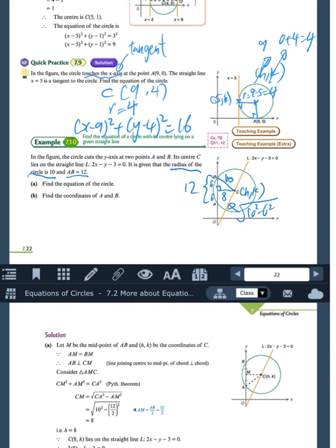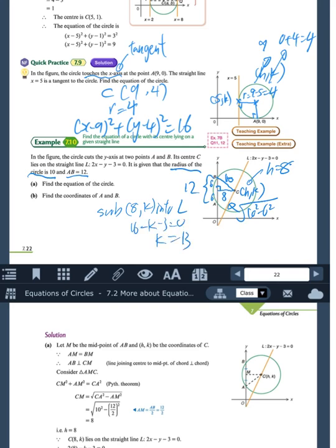Therefore, we have h will be 8. Since C lies on the straight line 2x minus y minus 3, you may substitute 8 and k into L, which is 16 minus k minus 3 equals 0.